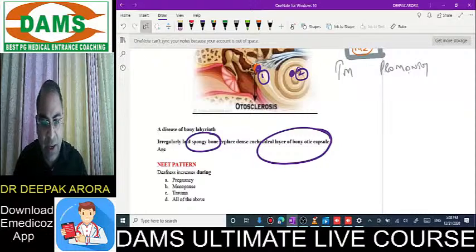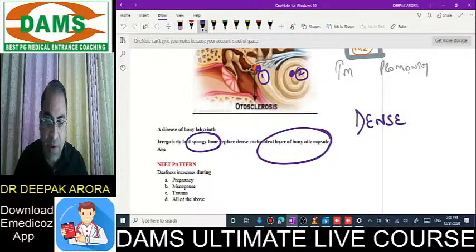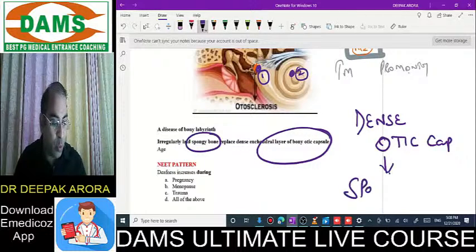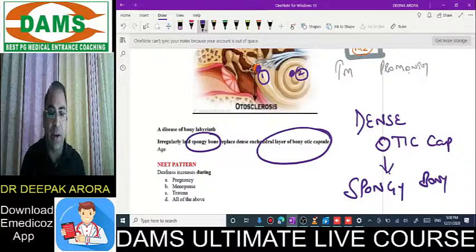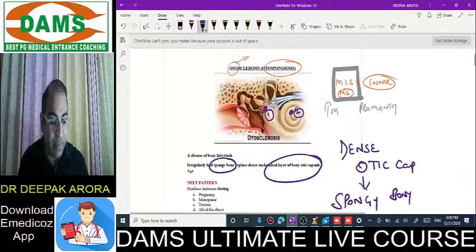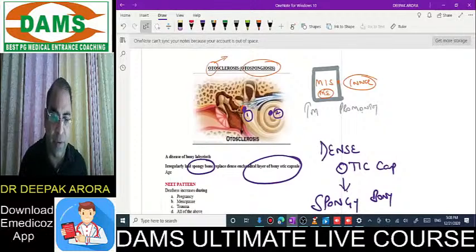In a normal human being, there is a dense otic capsule which is being replaced by spongy bone. So this word should be there. Am I understandable? Are you getting this point? So what is happening in otosclerosis? Because of multiple factors, the dense otic capsule is replaced by spongy bone.